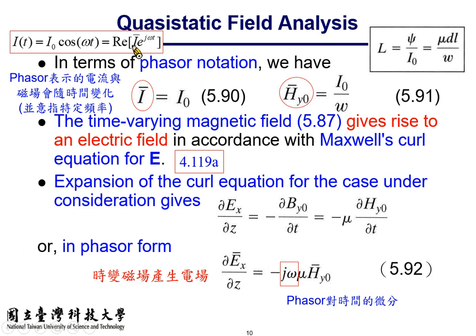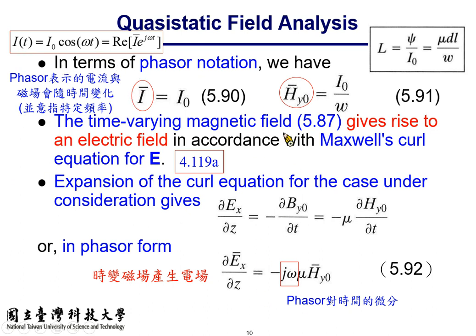Because as you know, exponential j omega t is actually cosine omega t plus j sine omega t. So if you take the real part of it, you get a cosine omega t.